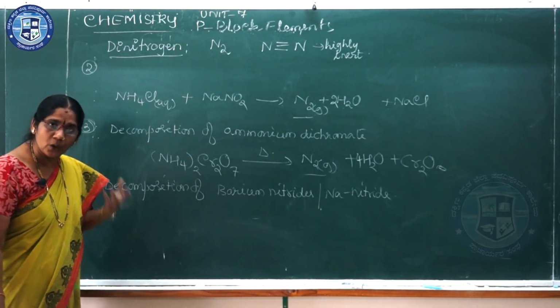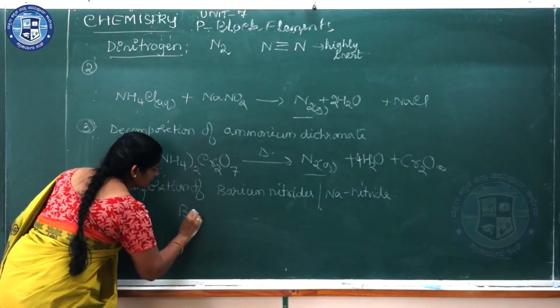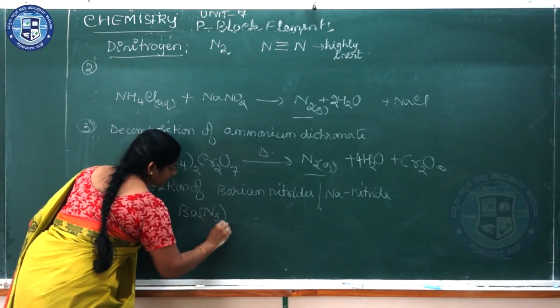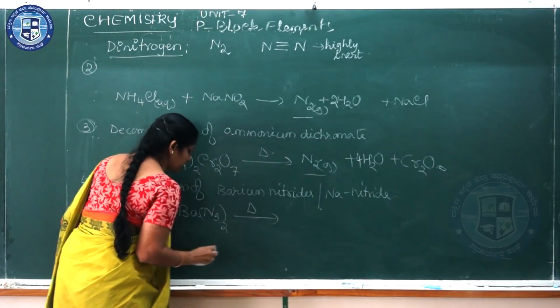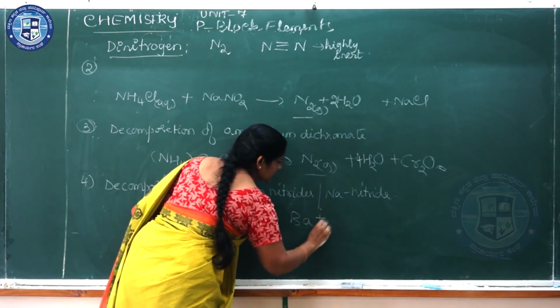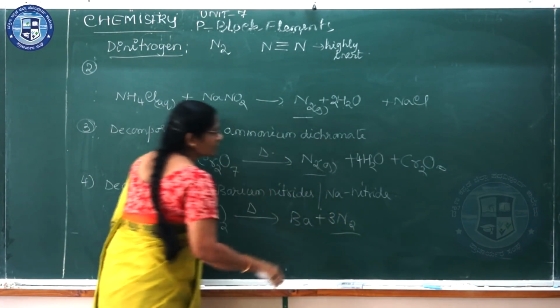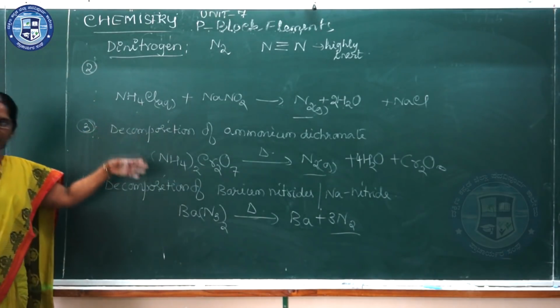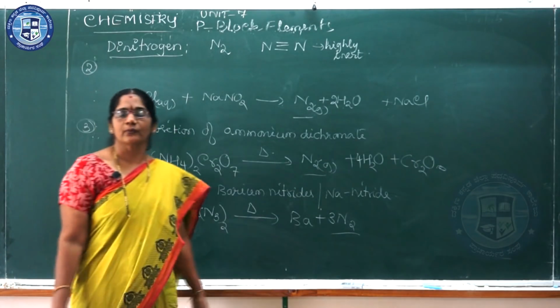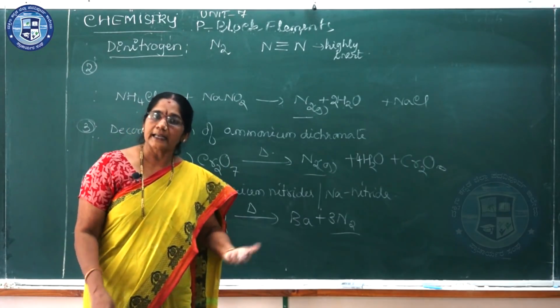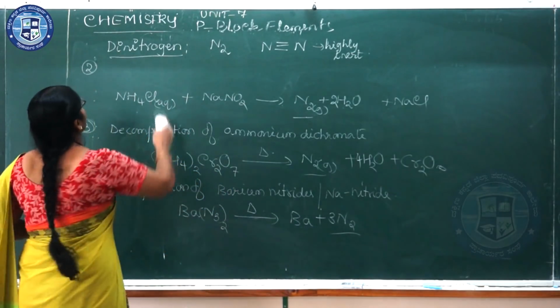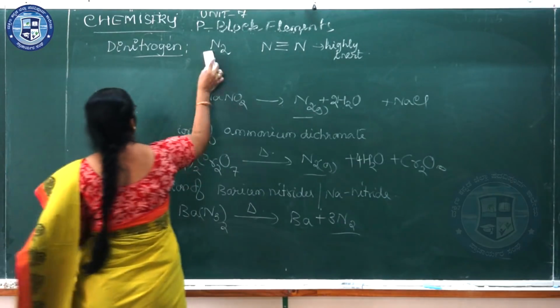So when we require pure nitrogen, we can heat barium azide. On heating it gives barium plus 3 N2. So these are the different methods of preparation of nitrogen. So this is about preparation.